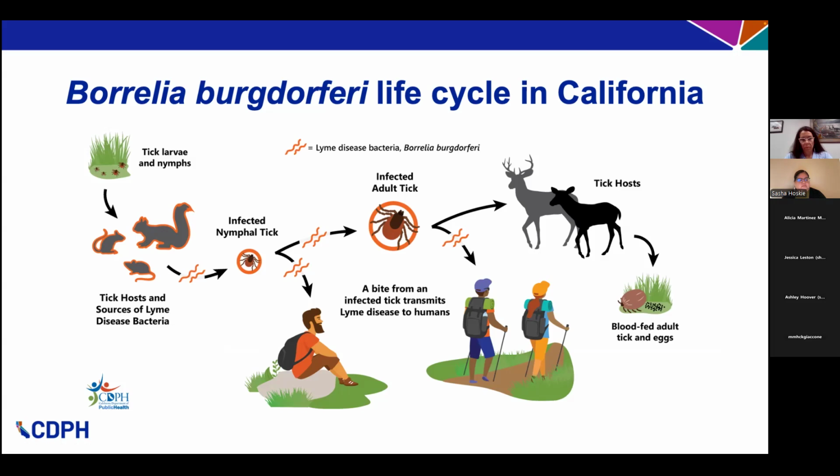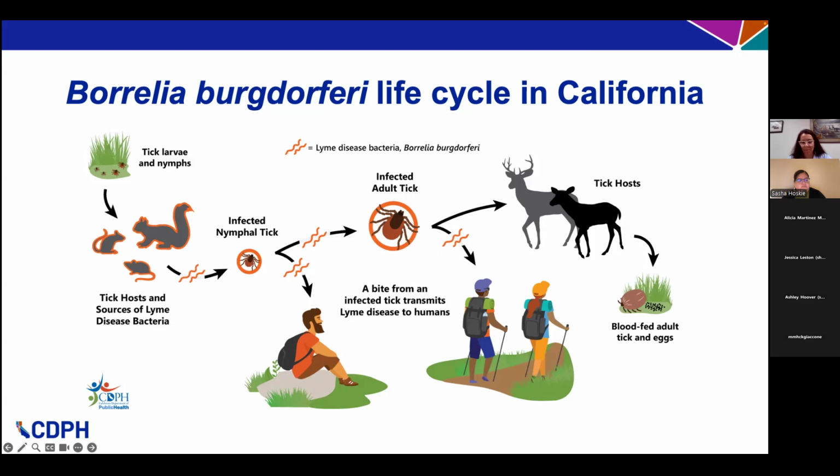And that may be one way a person can get infected with Borrelia burgdorferi, or that infected nymph may progress on to become an infected adult tick, and then they would engage in that questing behavior where they're climbing to the top of grasses and waiting for someone to walk by and brush up against them. Then they attach and find a nice warm place to cozy up and drink some blood.